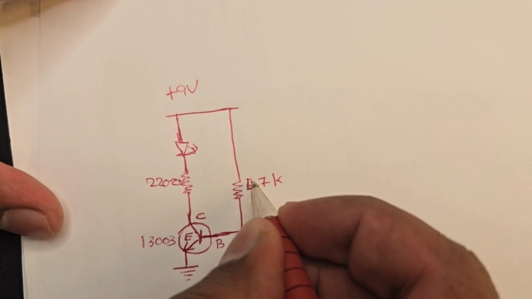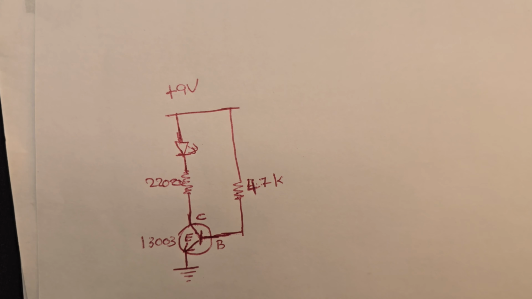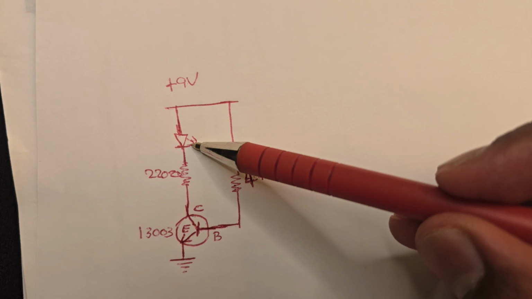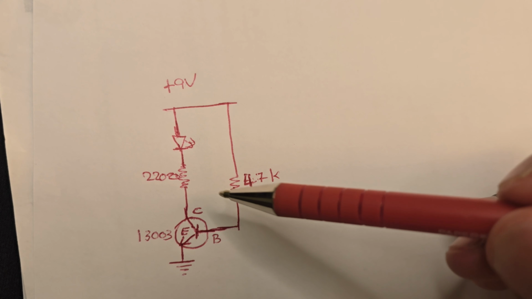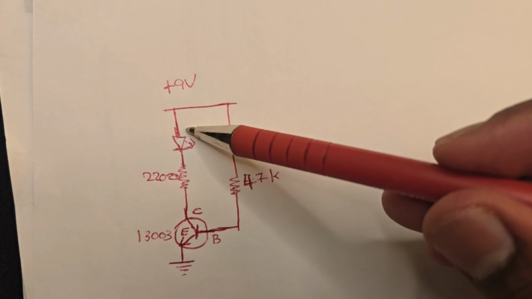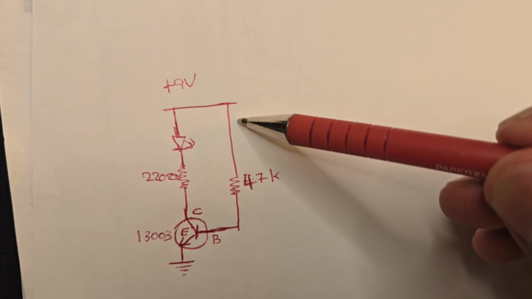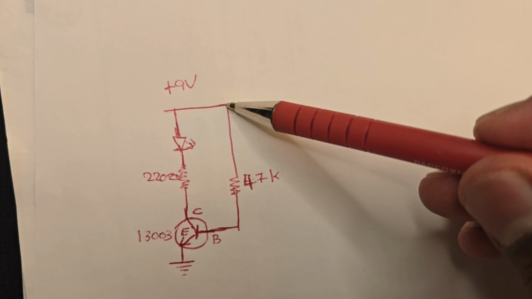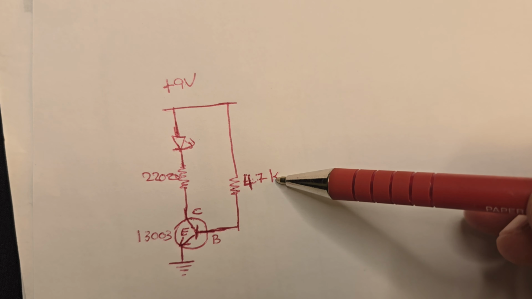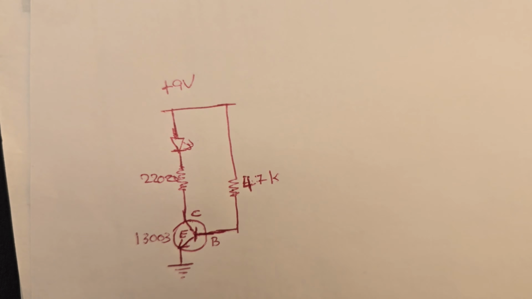You can use anything over 1k, it will work just fine. So what we did, we turn on this LED using this transistor, with a 220 ohm current limiting resistance for the LED, and whenever we connect the base to 9 volt using this 4.7k ohm resistor, this LED will turn on. So now our LED is turned on.